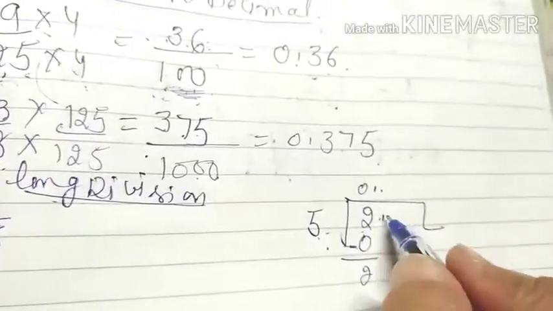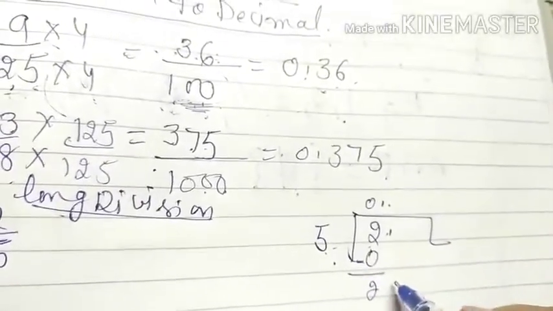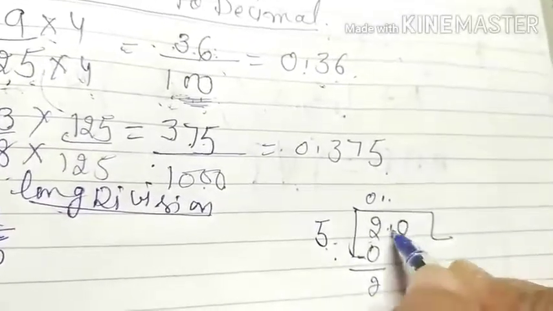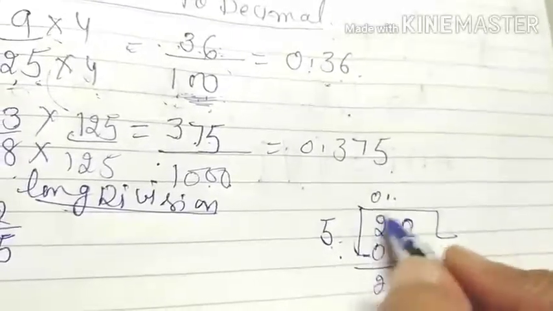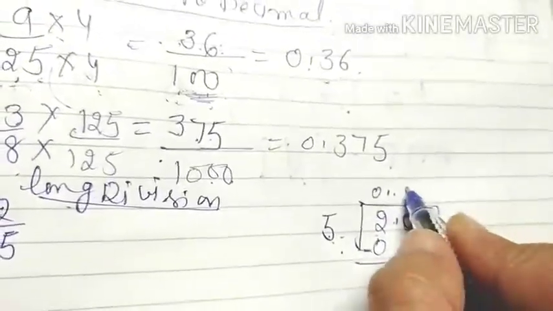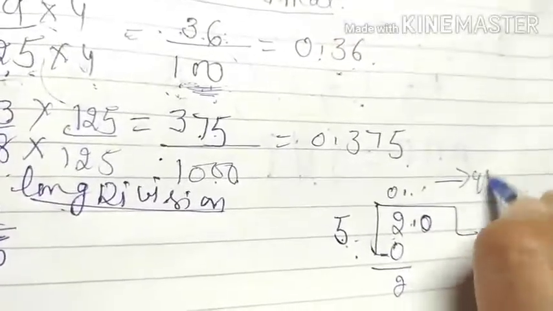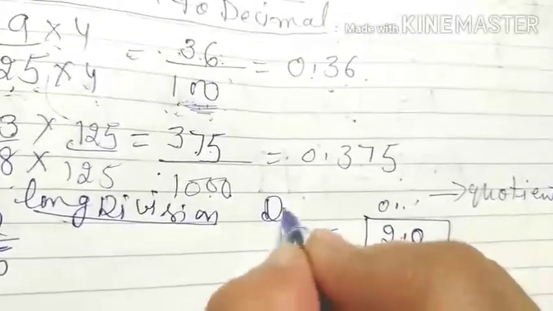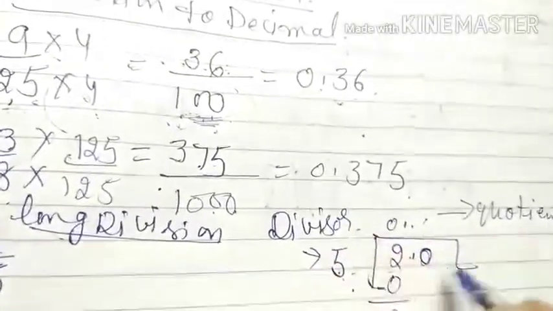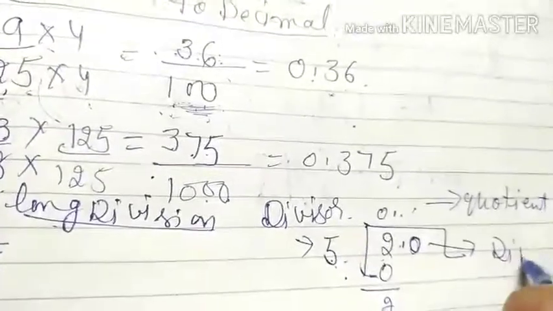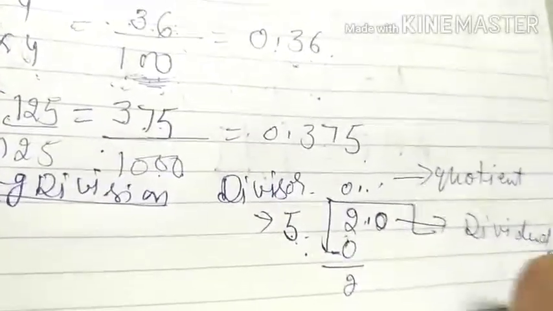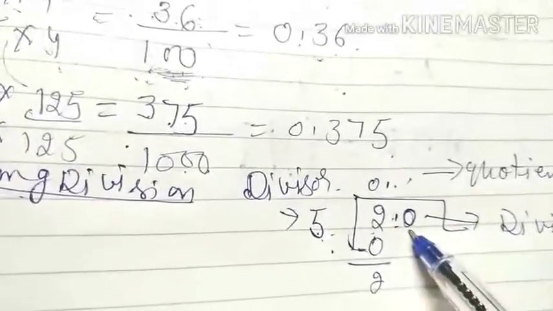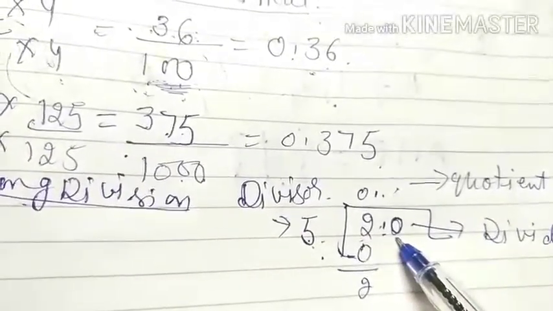Now here what I do, no next number is there, so I put a 0 to the right of the decimal of the dividend. So this is my dividend, this is my divisor, this is my quotient. In the dividend, to the right side of the decimal, we mark 0 to make the further number.